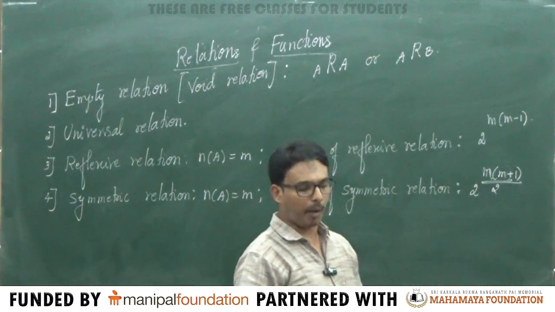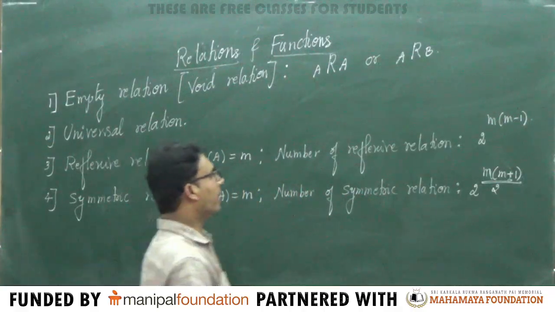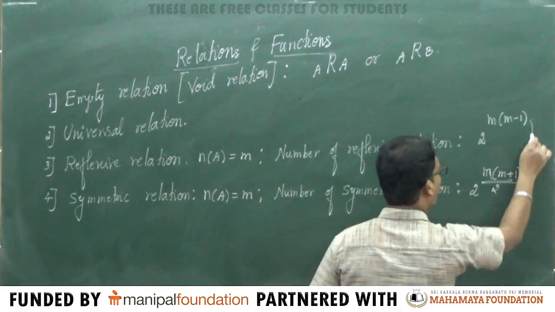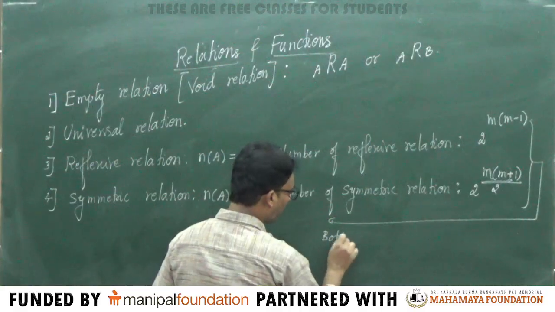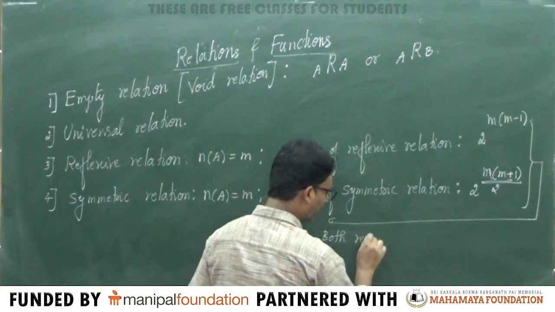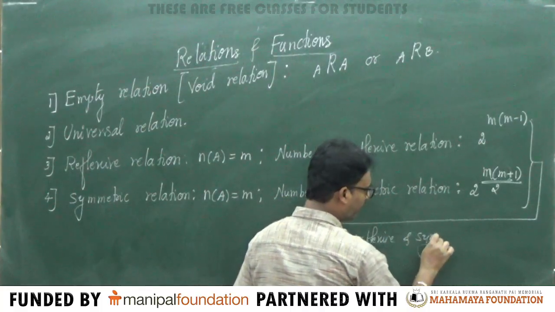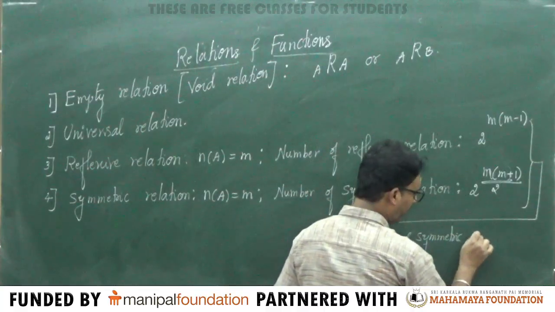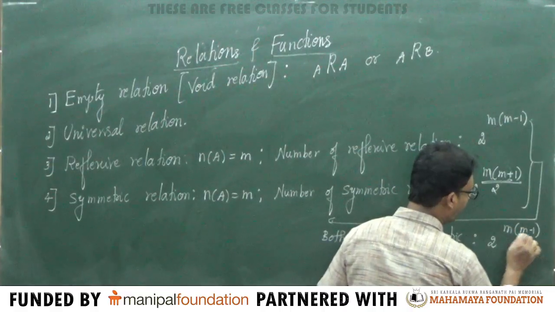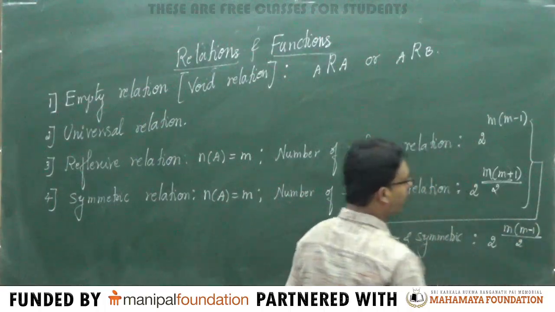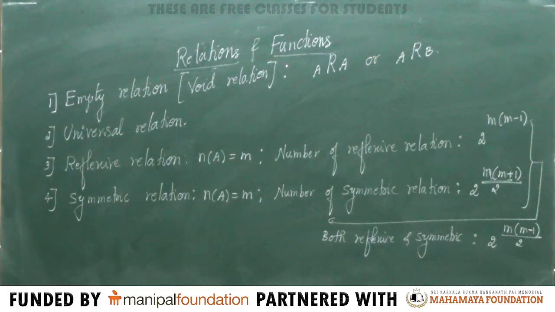So that is the formula to find the number of symmetric relations. Then the formula to find the number of relations that are both reflexive and symmetric is 2 to the power of m into (m minus 1) by 2, that is, 2^(m(m-1)/2). So that is the formula to find the number of relations that are both reflexive as well as symmetric.